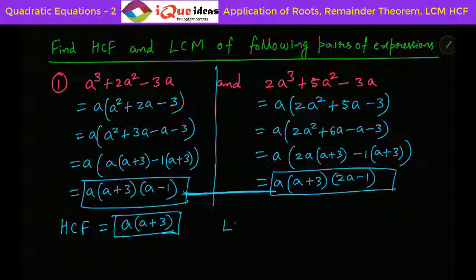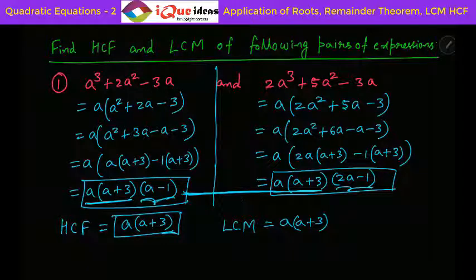Right. And then LCM. What will be LCM? Now LCM is whatever is common in both will appear only once in LCM. So a is common, so it will appear only once. a plus 3 is common, so it appears only once. Then whatever remaining, we will take everything. So a minus 1 will also be a part of LCM and 2a minus 1 will also be a part of LCM.